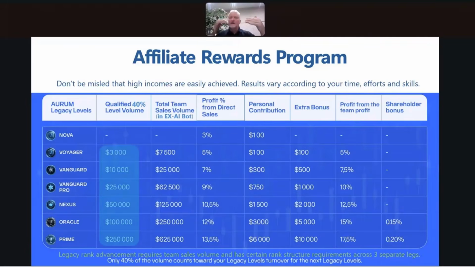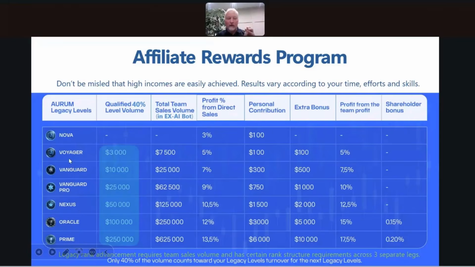One's going to go, and then 2 weeks later you get the next one, and then a month after you get the third. But by the time you get the third one, the first one will have done more volume. So it's quite easy to say that once you have 3 Voyagers, you're more than likely qualified to go Vanguard with 25,000. So all you have to do is help 3 people. You don't have to bring the 25,000 yourself. Help 3 people go Voyager.